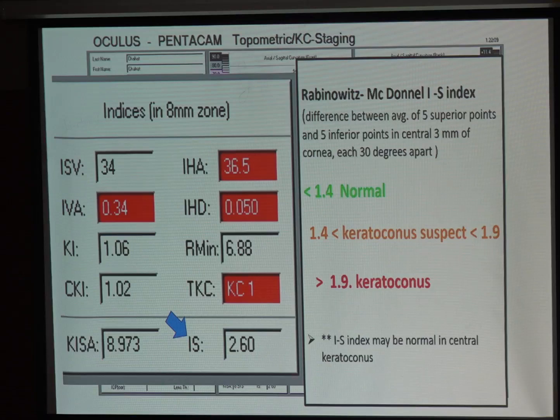This is similar to the glaucoma hemifield test in visual fields. So the average of the 5 values on the top and the average of the 5 values on the bottom automatically gives you this inferior superior asymmetry. If it is between 1.4 and 1.9, it is suspicious, and more than 1.9 is again suggestive of ectasia.